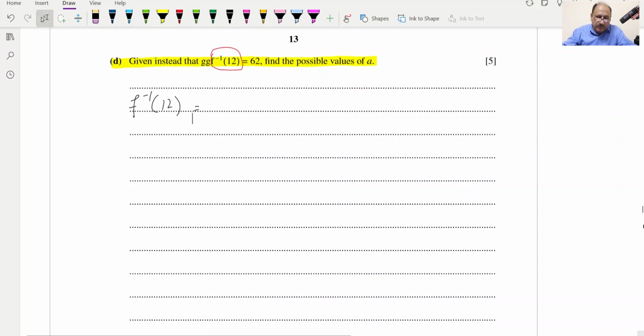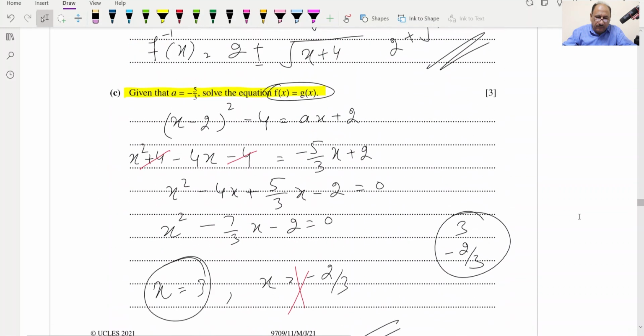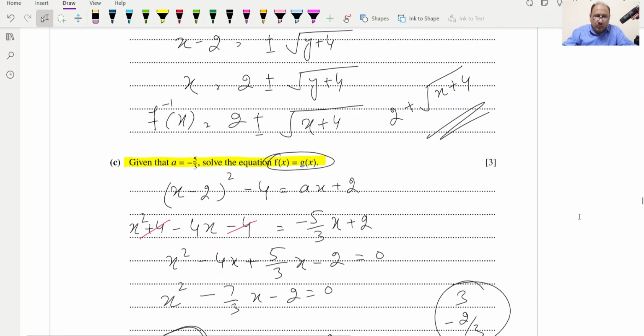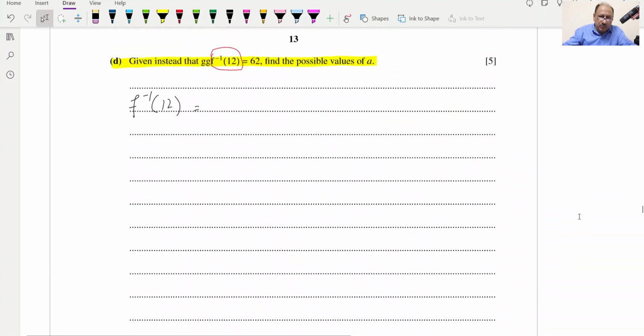We found f inverse is 2 plus under root x plus 4. So we will write here 2 plus under root x plus 4, and this x will be replaced by 12, and this will be equal to 2 plus under root 16, which is equal to 4.